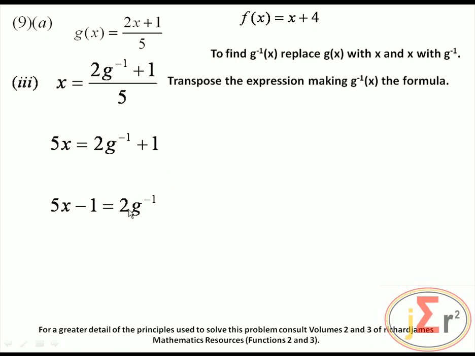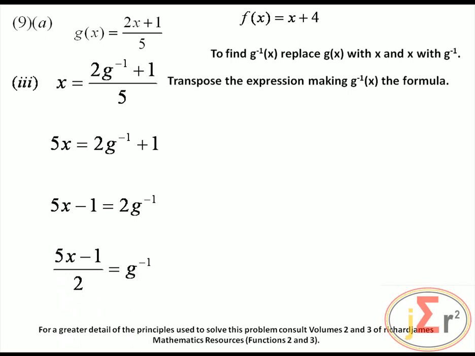Finally, 2 g inverse means 2 multiplied by g inverse, so we will divide both sides by 2. The 2 is going to be eliminated from this right hand side, and on the left hand side we will have 5x minus 1 divided by 2. So we may use transposition of formulae, although this function does not really require the process.